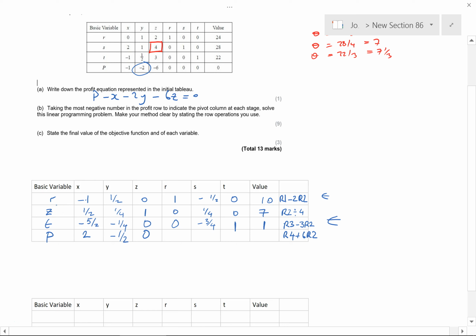So going back to that one, it should have been equal to the old number, minus 1 plus 6 times a half, which equals 2.